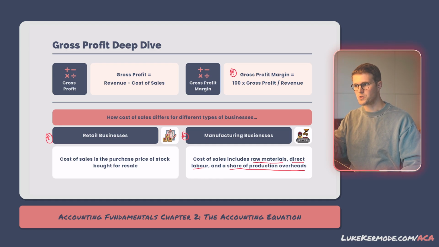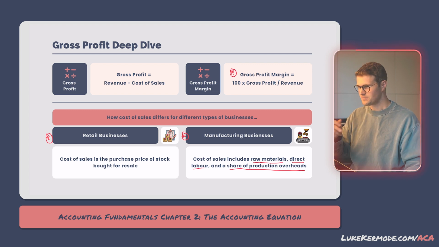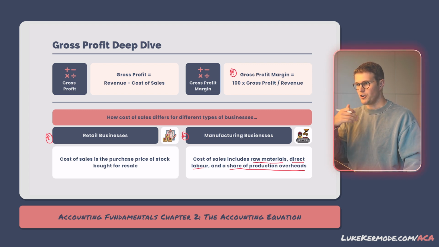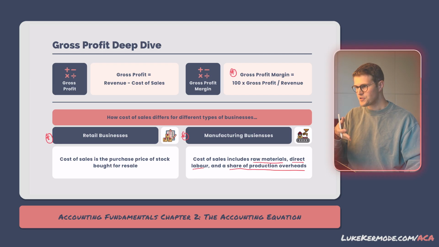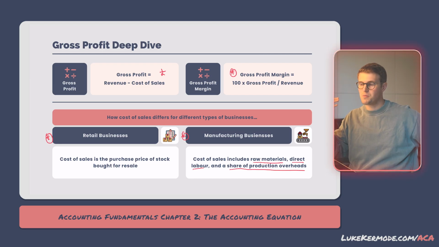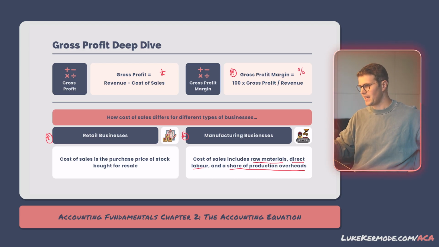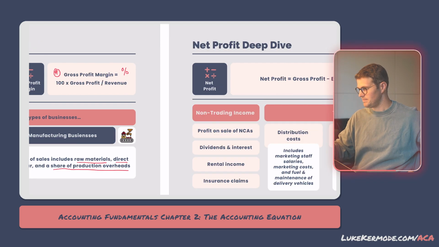Gross margin is a useful tool for tracking a business's performance over time and for comparing the performance of different businesses within the same industry. In short, gross profit shows profitability in pounds, and gross profit margin shows profitability on a relative basis, i.e. in percentage terms. But both are key to understanding how well a business is managing its trading activity.